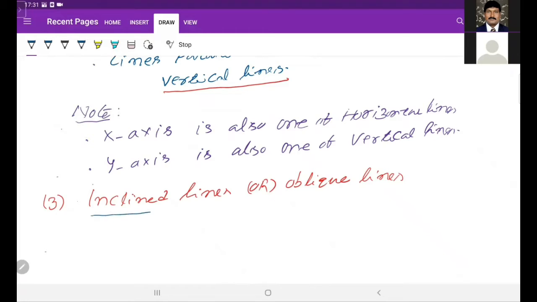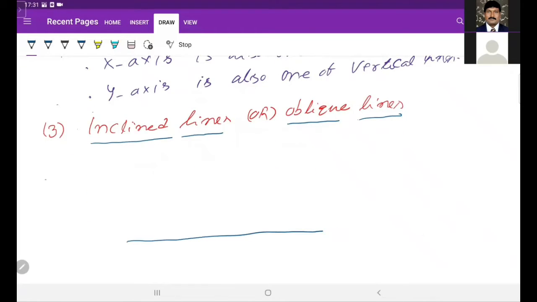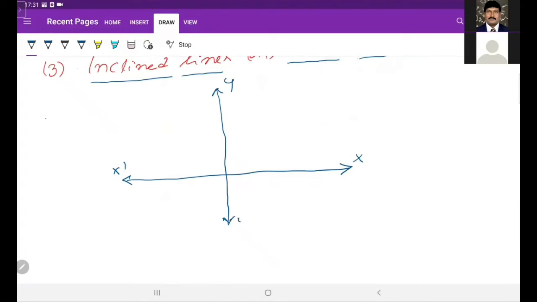So this is underlined now. What are the inclined lines? Draw the graph. It is x, it is x dash. It is y, it is y dash. It is origin. Okay.